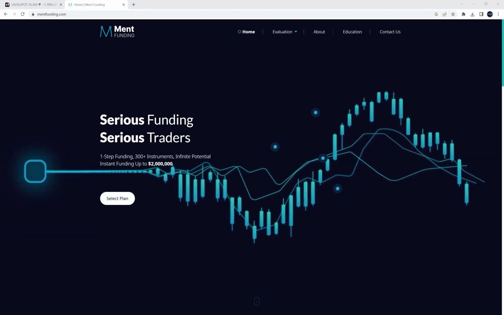I did my manual, but because the move closed me out in profit at that time, I was in violation. Whereas with Men Funding, they allow you to trade during the news for those who understand it. They give you a lot more flexibility, and they call them soft violations, so you don't lose your account. All it is, they just close you out and you just get back in and continue as normal.